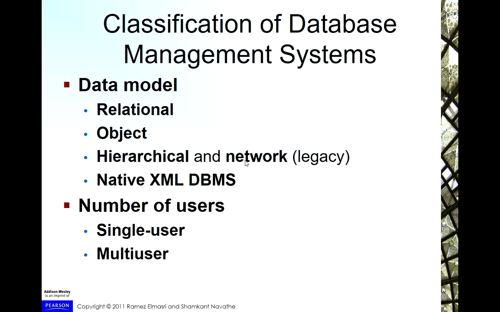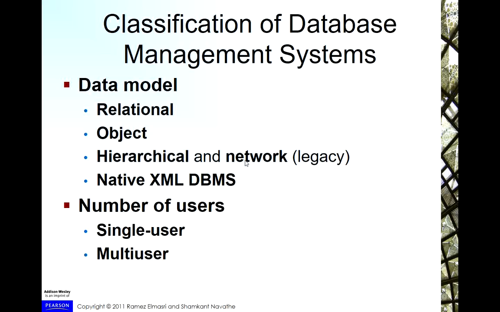The old one is hierarchical or network, which we are not using anymore in database systems. And native XML database management systems are usually used for multimedia and web applications, a huge web application like in ebay.com or amazon.com. But the most usable one is the relational data model.